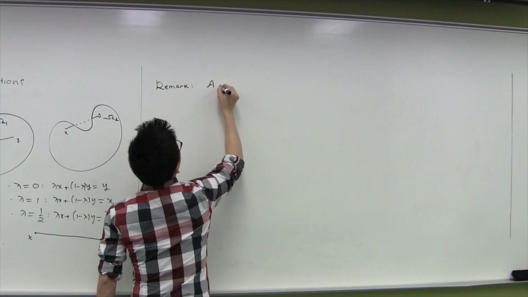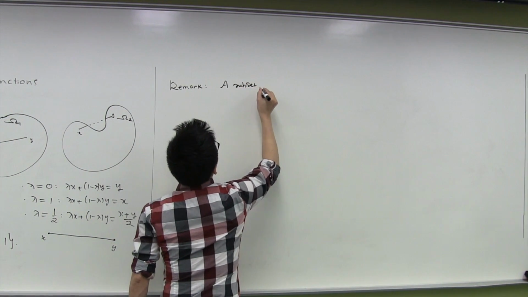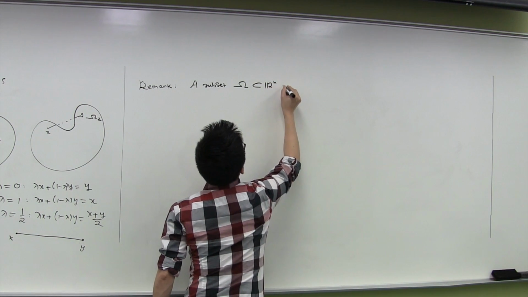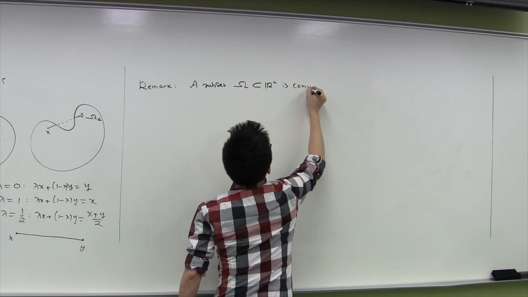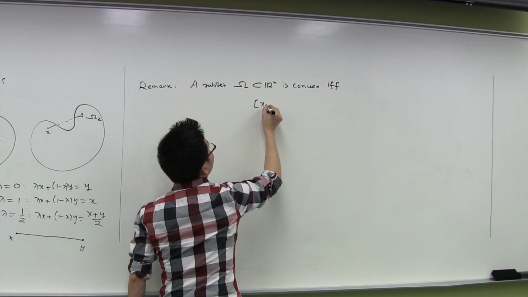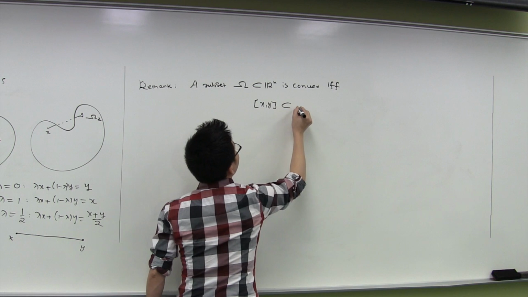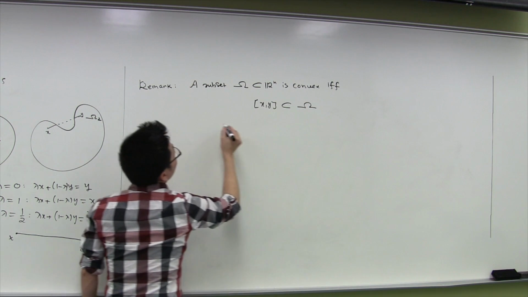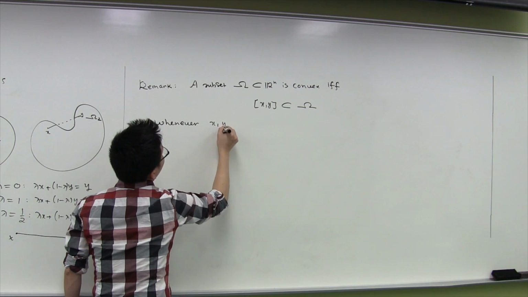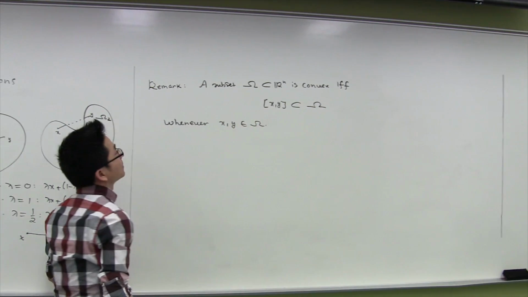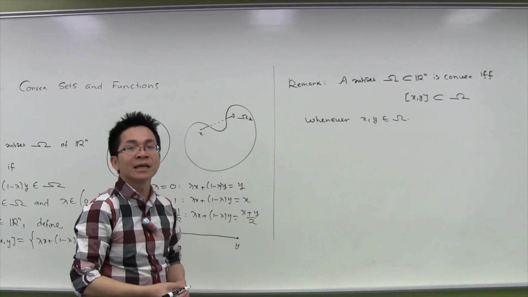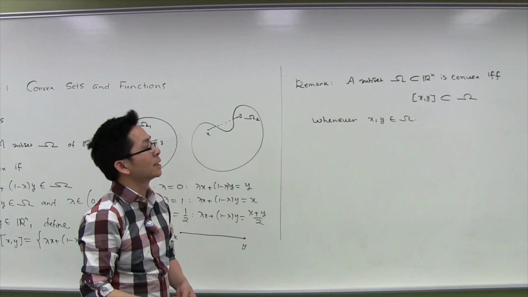A subset omega of Rn is convex if and only if the line segment connecting x and y is a subset of omega whenever x and y are elements of omega. Now, let me go ahead and give some examples of convex sets in Rn.